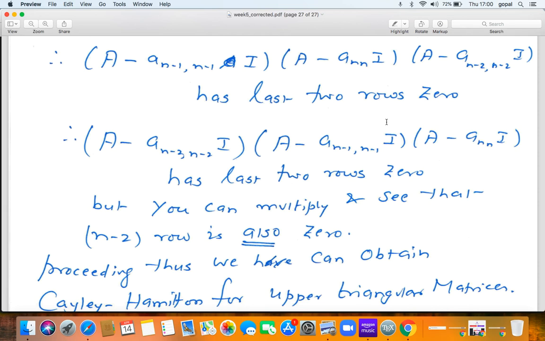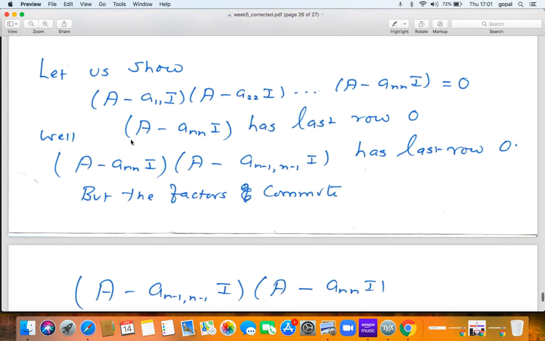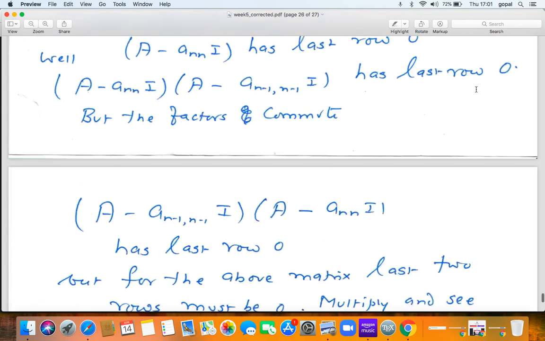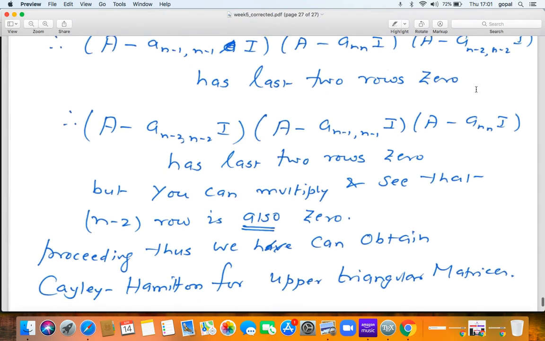And so this product will have last three rows 0. So keep proceeding like this. And so finally what do you get? When I put them all together, all rows are 0. So that completes the proof of the Cayley-Hamilton theorem.